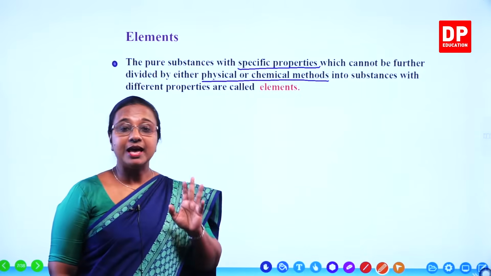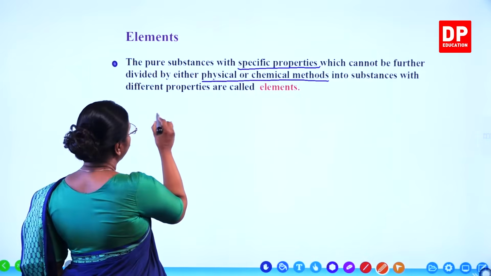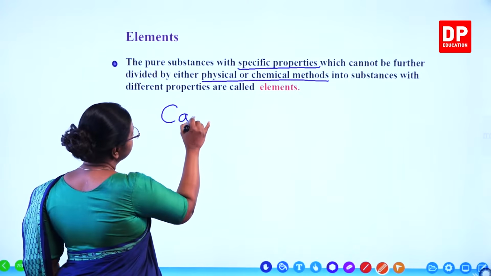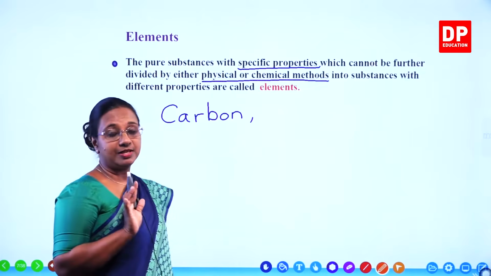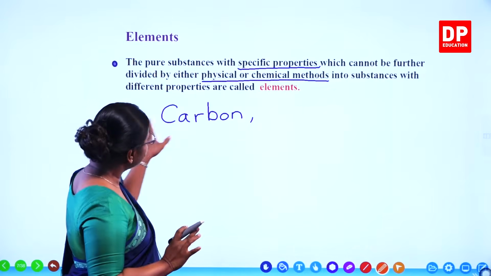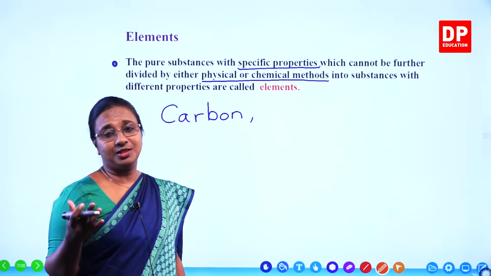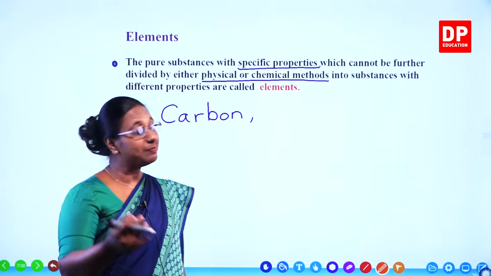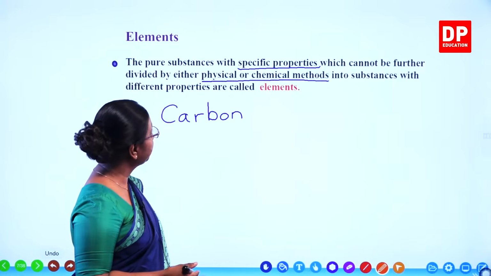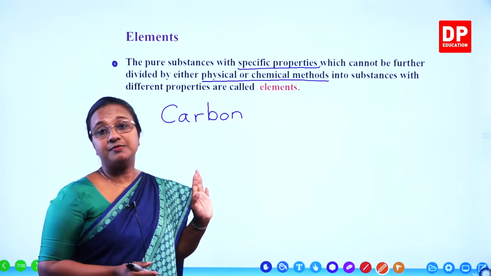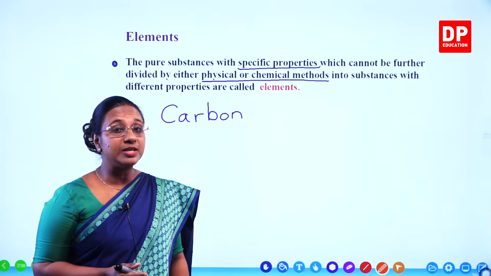Now let's say we have carbon. We saw some examples, carbon, then copper. Carbon, because you have it with you. The pencil lead is made up of carbon, so you know what that is. Now this carbon has specific properties. What are the properties we discussed?